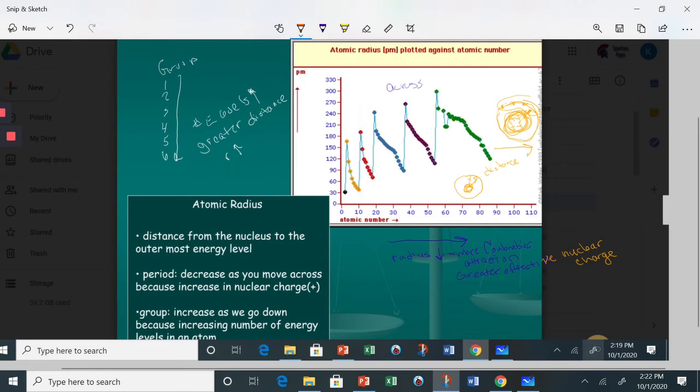Because you have more nuclear charge on the same distance going across, same E level, it pulls the electrons in.